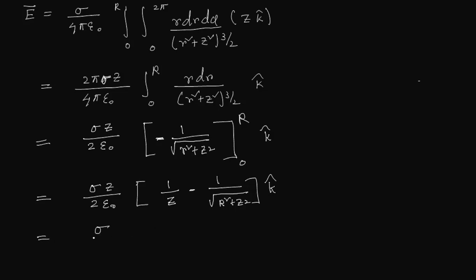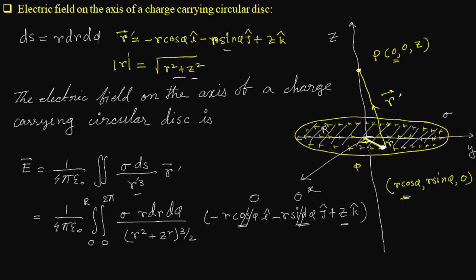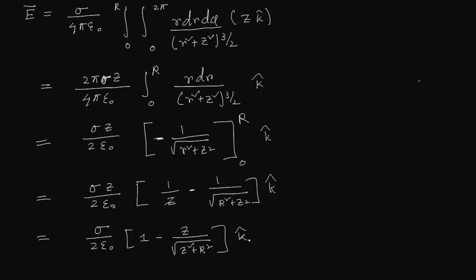Okay, so this will give you sigma divided by 2 epsilon naught. If we multiply this z with the bracket term, we'll get 1 minus z divided by under root of z square plus r square. Okay. Plus k cap. So in this case, we have considered the point above the loop, so it will be plus k cap.